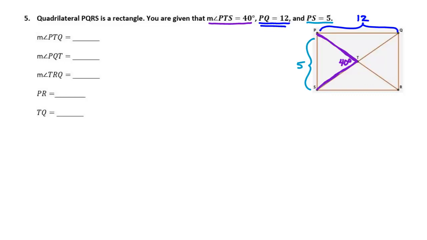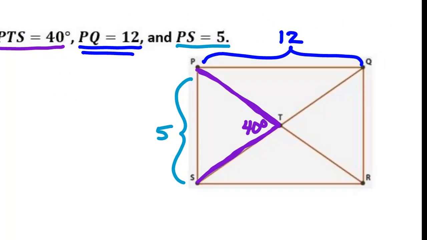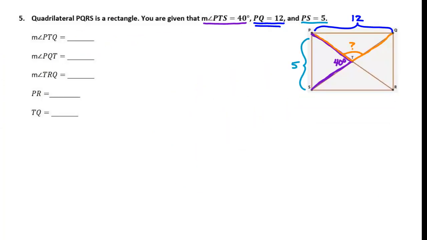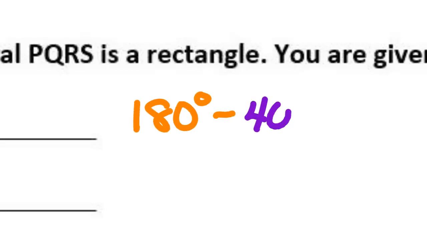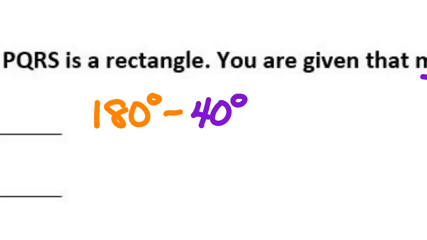They want me to find the measurement of angle PTQ. PTQ, this angle right here. How would I find that angle? Subtract 40 from 180. 180 degrees minus 40 degrees would give me what? 140 degrees.